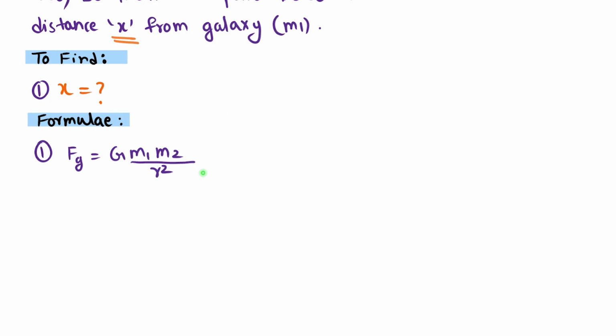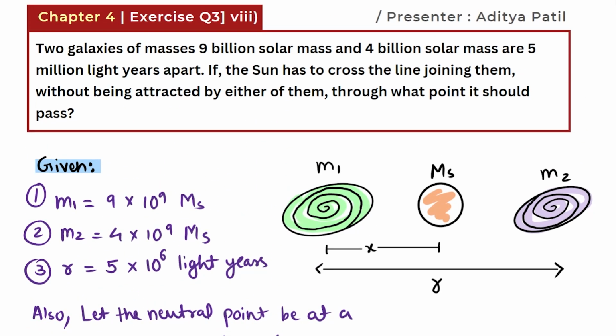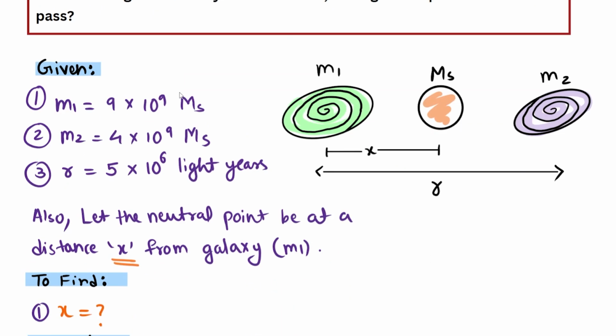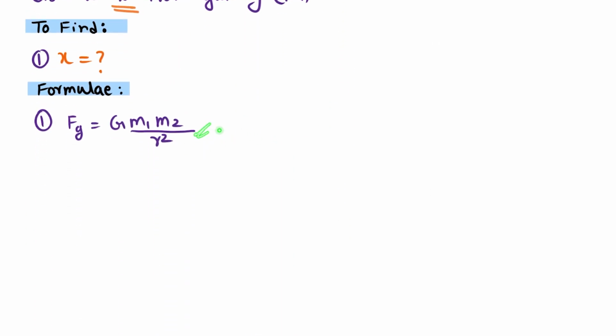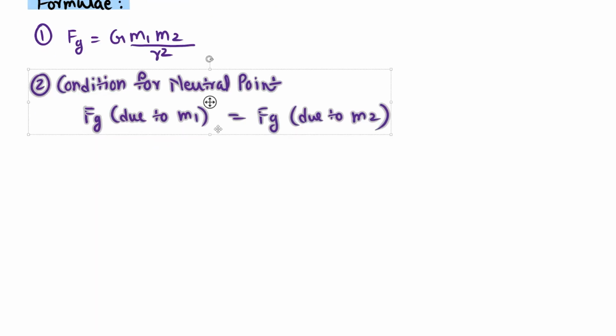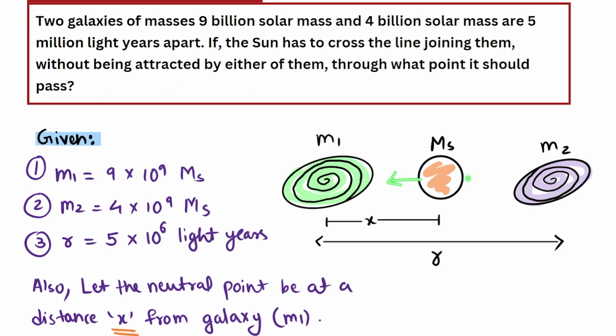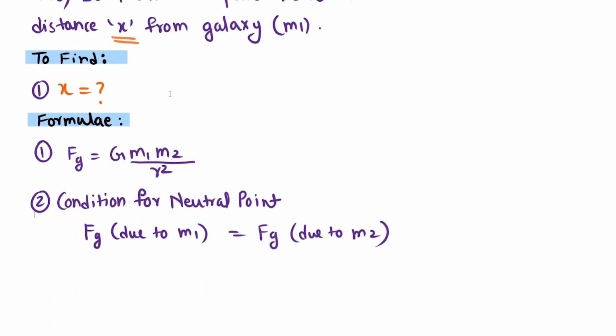What sort of formulas we'll be using? Well, we'll be using the gravitational formulas, because as I said, celestial bodies here, they exert gravitational force among themselves. So gravitation का ये हमको definition वाला formula use करेंगे. And then we have the condition for neutral point. The force exerted by galaxy with mass m1 should counter the force exerted by galaxy with mass m2.